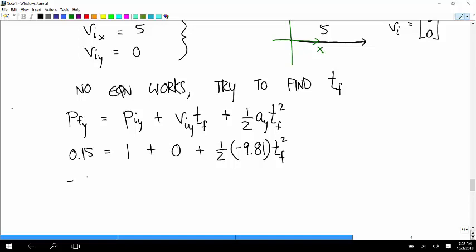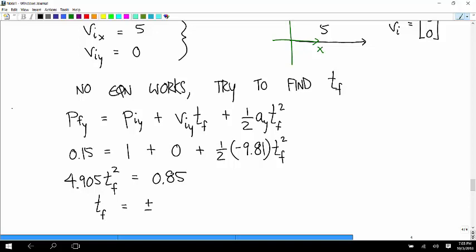And so we have positive 4.905 TF squared is equal to 0.85. So TF is equal to plus or minus. Can someone calculate that?